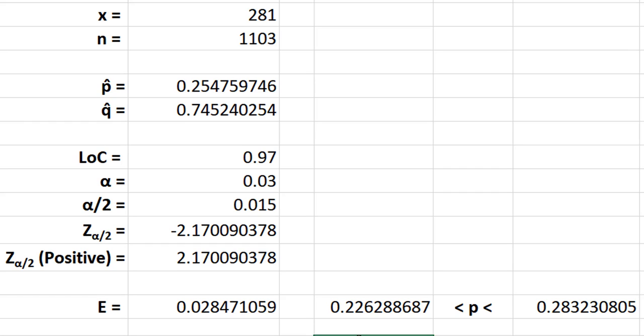We can be 97% confident that the percent of those that think that the sun circles the earth is somewhere between 22.63% and 28.32%. So you see, once we have these spreadsheets set up, this goes very quickly. And now we're done with problem number 2.